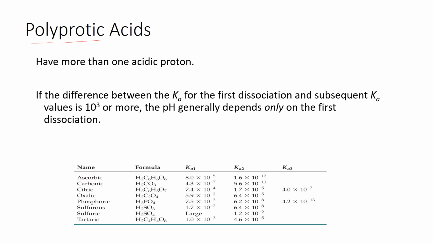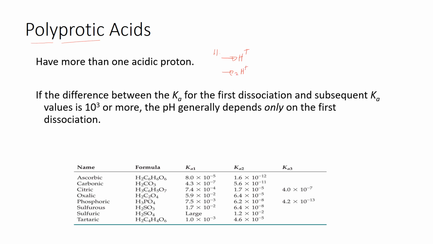So if the difference between the Ka for the first dissociation and subsequent ones is 10 to the power 3 or more, the pH generally depends only on the first dissociation. So what we are saying is, you know that the acid breaks down into a proton. We'll have the first dissociation that gives us the first proton, and probably the second dissociation that gives us another proton.